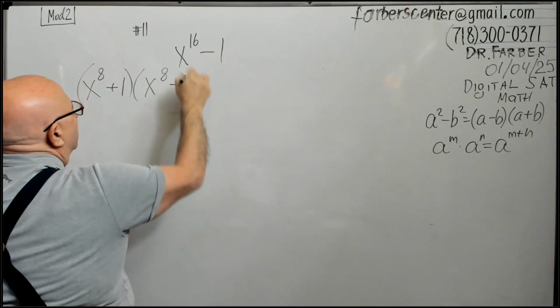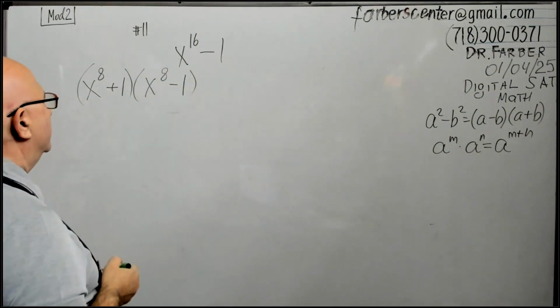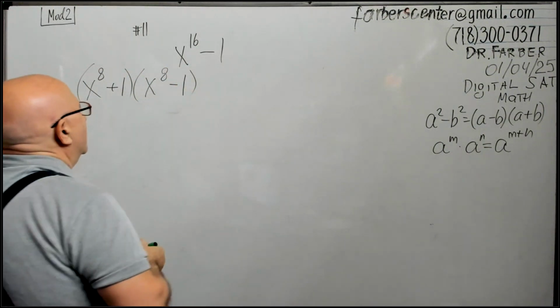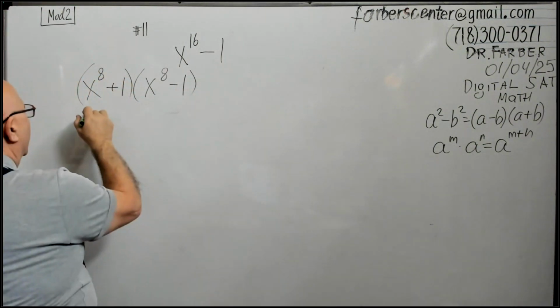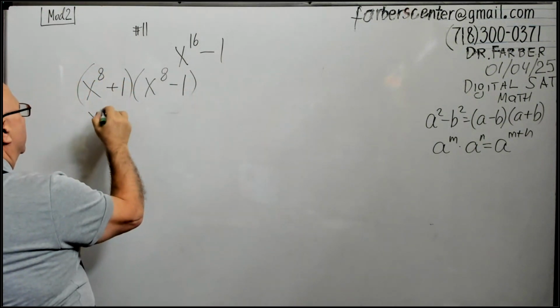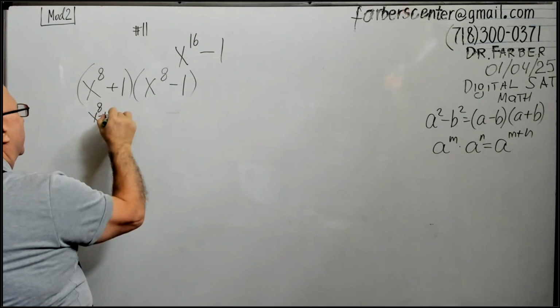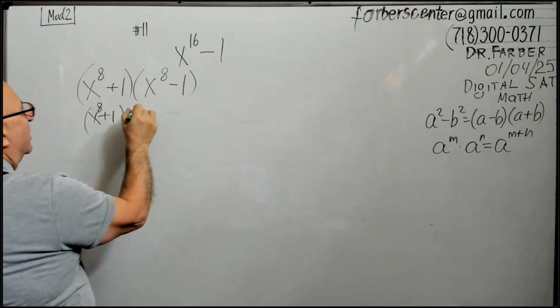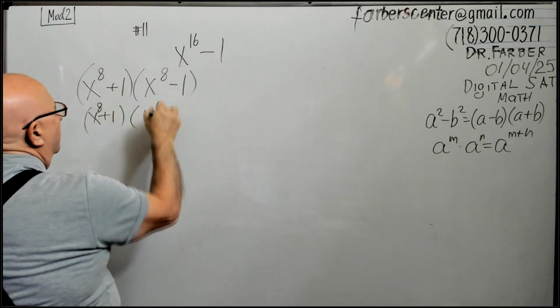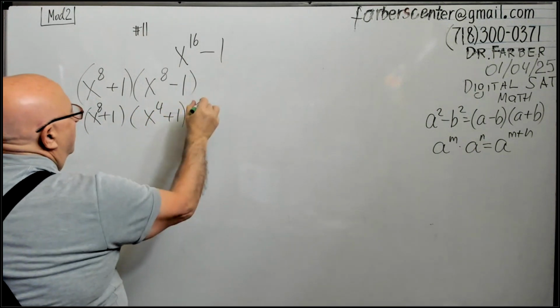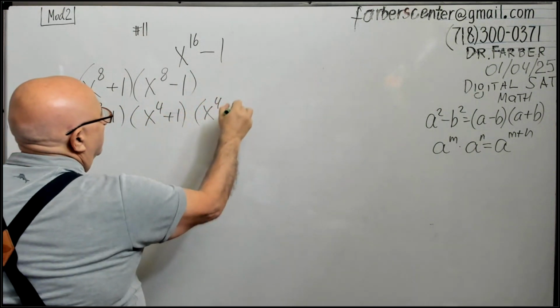The first factorization. Or x to the power 8 plus 1, and this would be x to the power 4 plus 1 times x to the power 4 minus 1.